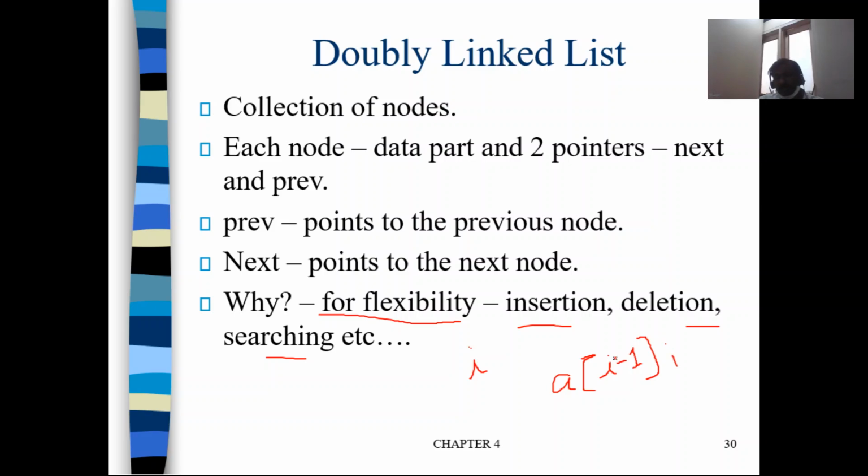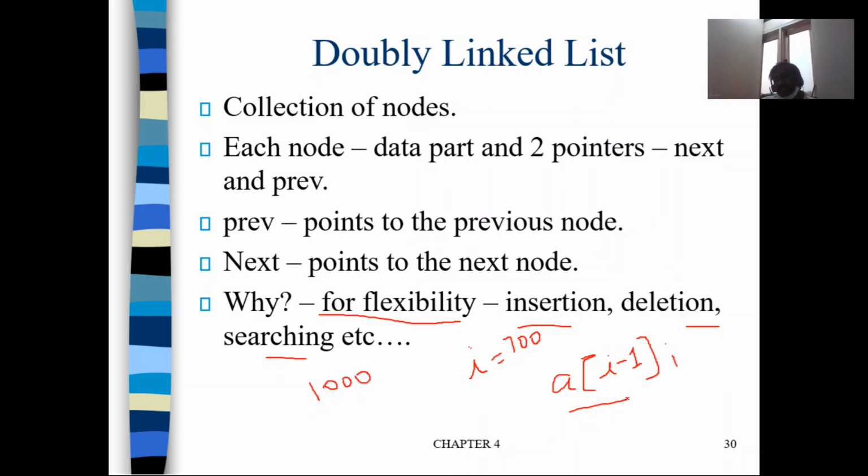Assume your array contains 1000 values, and i represents 700. Then you can access the 700th value just by this logic, a of 700 minus 1, which is a of 699, which is actually the 700th value.